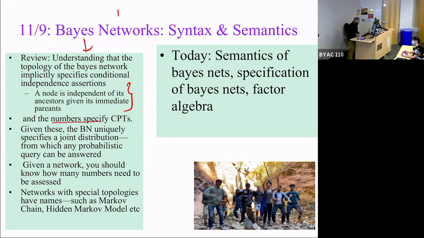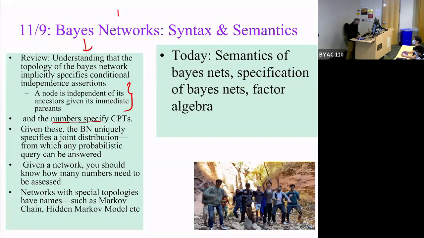And so the numbers specify the conditional probability tables. Given the topology, you know how many numbers are needed. Once you figure out those numbers by either asking experts or by analyzing data and computing what these probabilities would be, assessing what the probabilities would be.